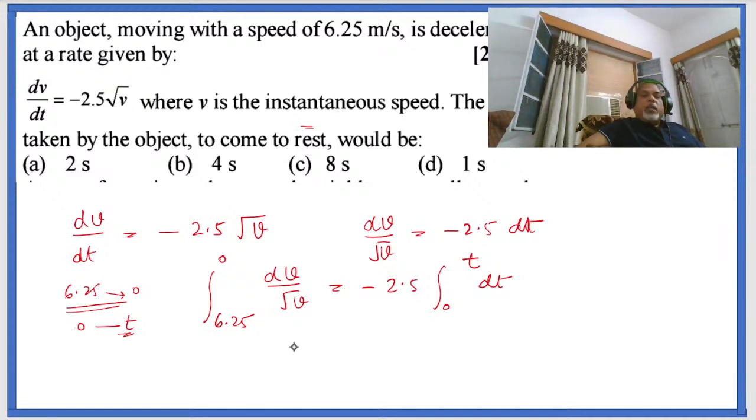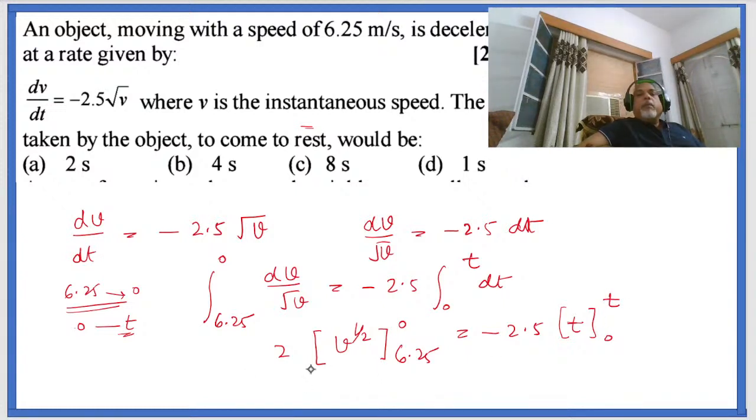So this will be nothing but 2 root v, from 6.25 to 0, equal to minus 2.5 t, correct?